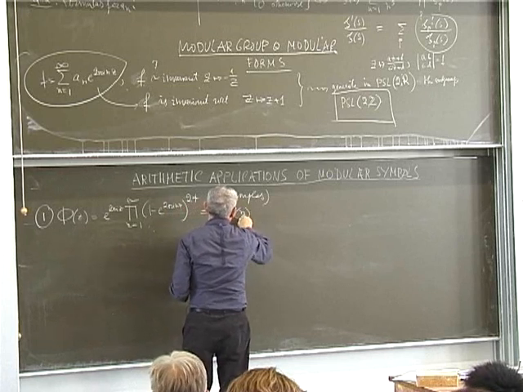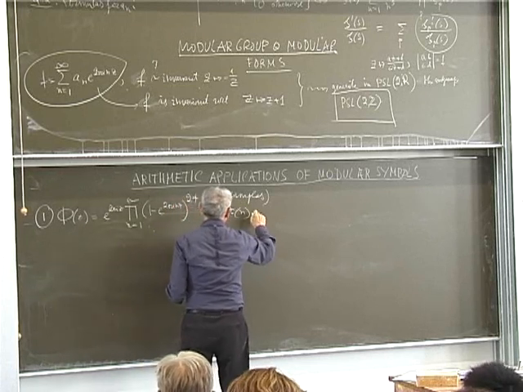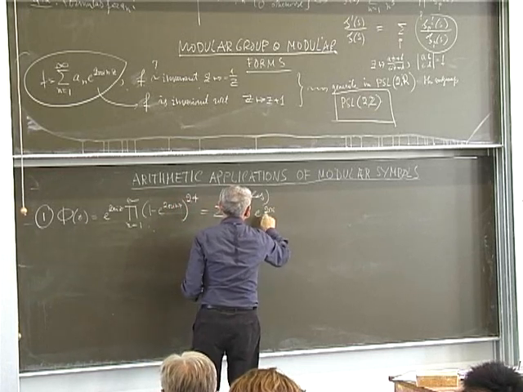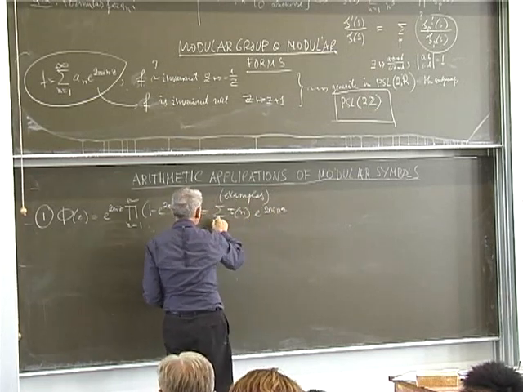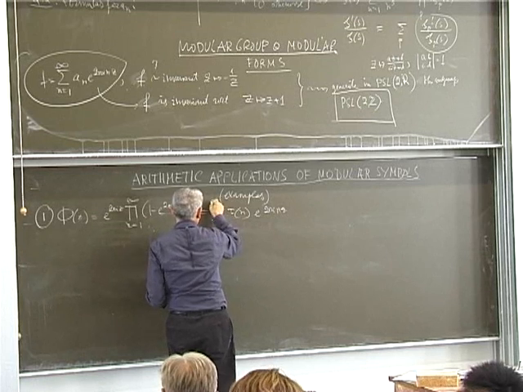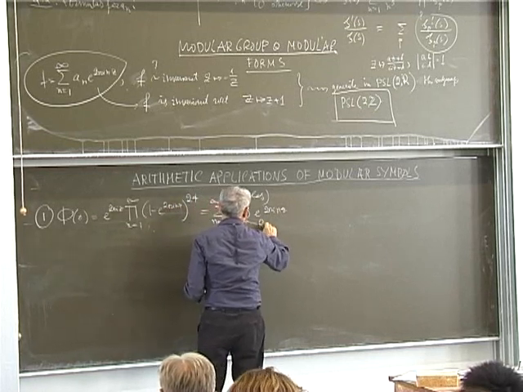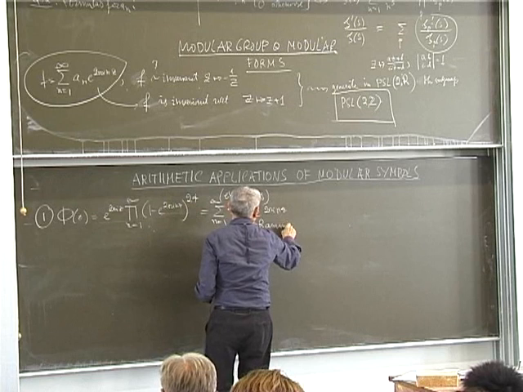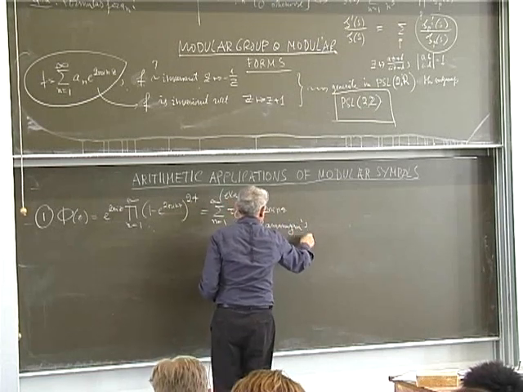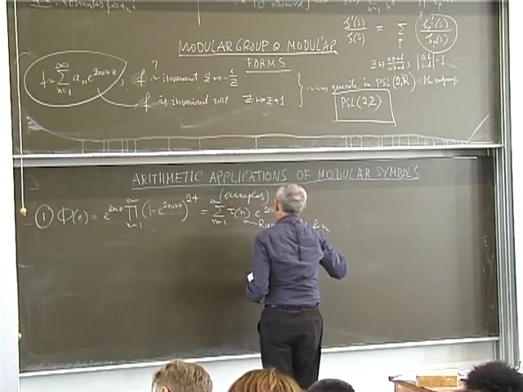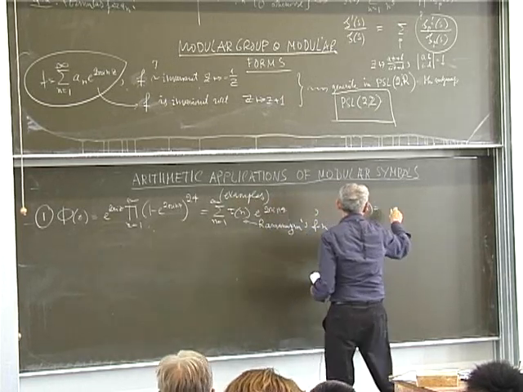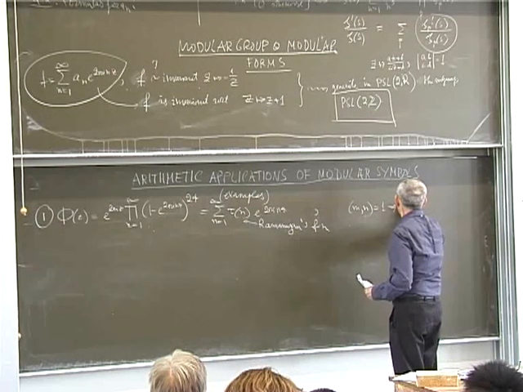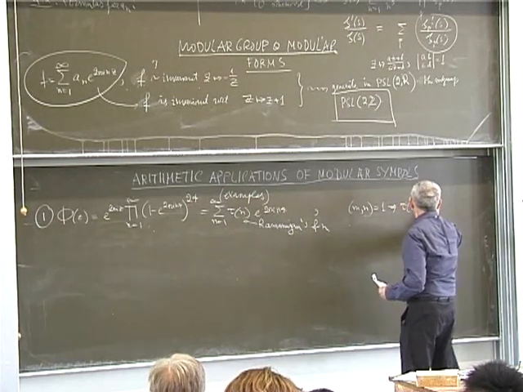Classically, the coefficients of this series are called tau of n, and they are called Ramanujan numbers. And one of the properties that Ramanujan proved was exactly this.